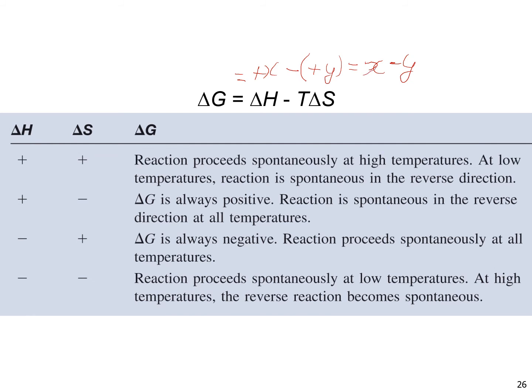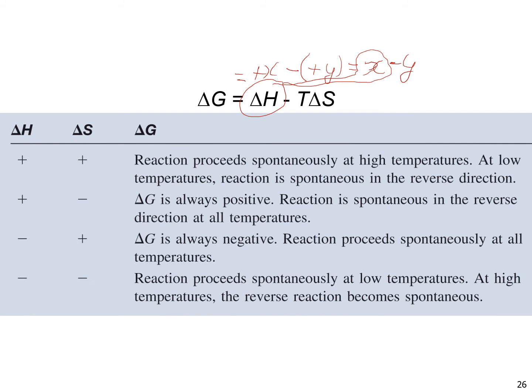So my first term is X. I cannot change that value, right? This is for a particular reaction. This is dependent on reactants and products. Which variable? If I want this reaction to be spontaneous, I want my value of Y to be a greater value. Is that correct? I want delta G to be a completely negative value, meaning I want Y to be a greater value.